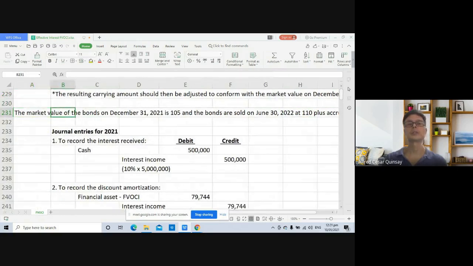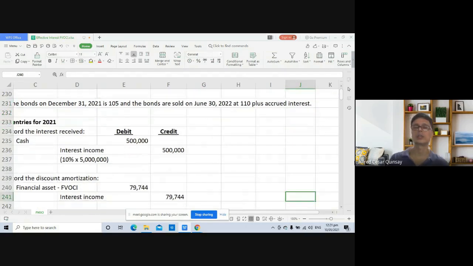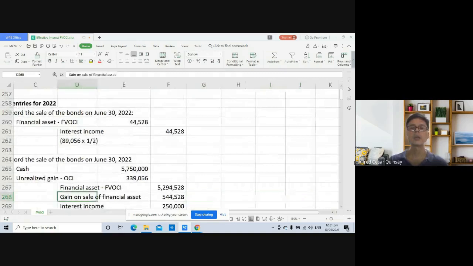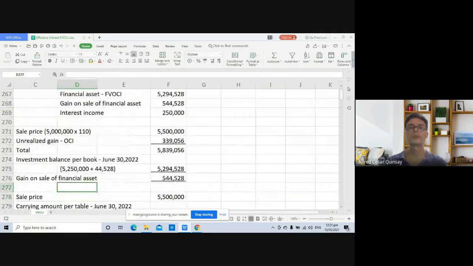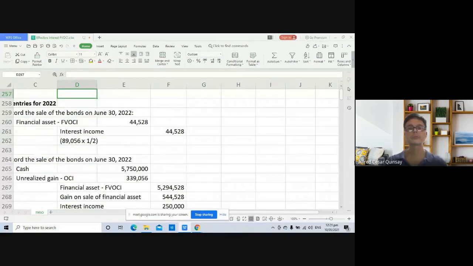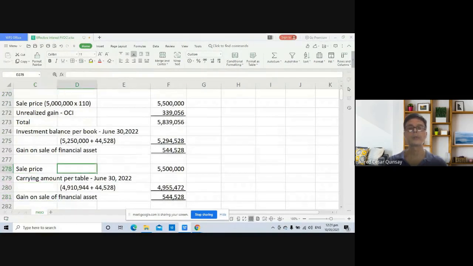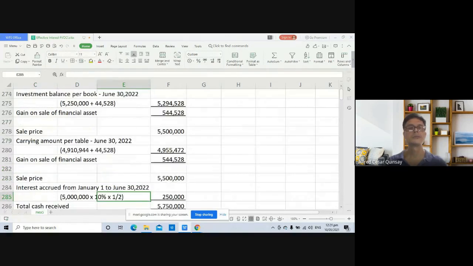Yun, the market value of the bonds on December 31, 2021 is 105. And the bonds are sold on June 30, 2022 at 110. Yun, plus accrued interest. Yun ang sinasabi. Okay, so ito yun, no? So ito. So selling price na 5.5 kaya nakuha natin yan.